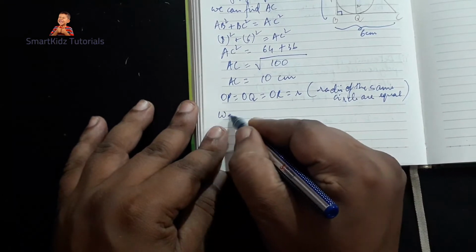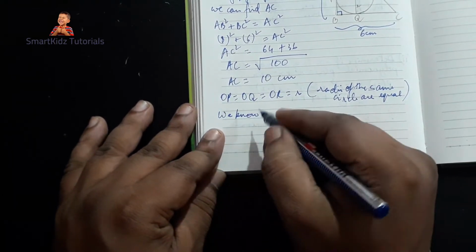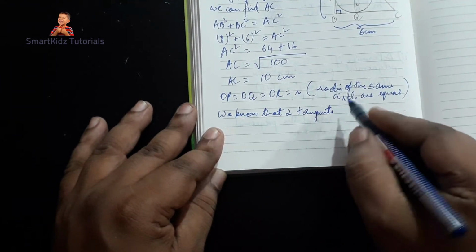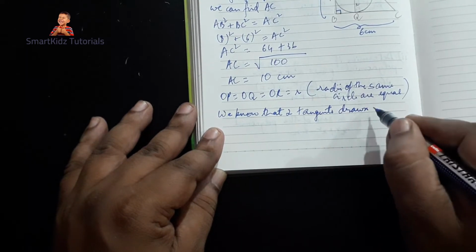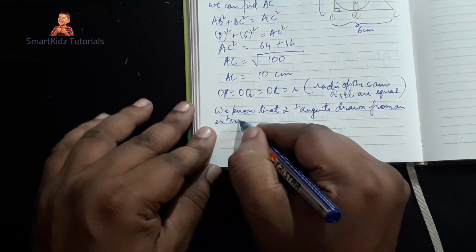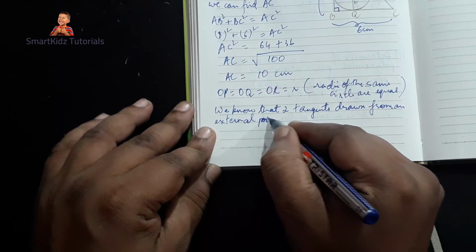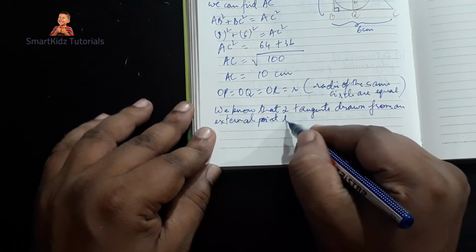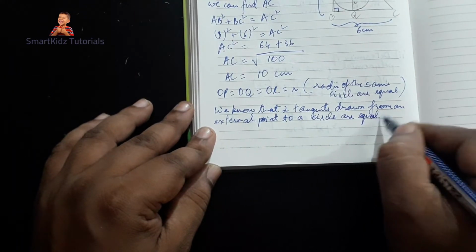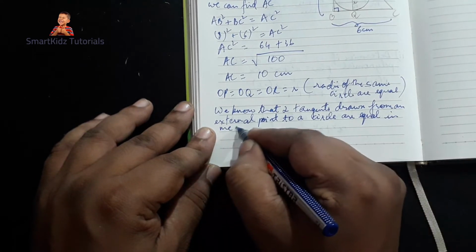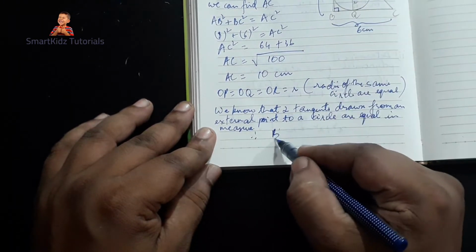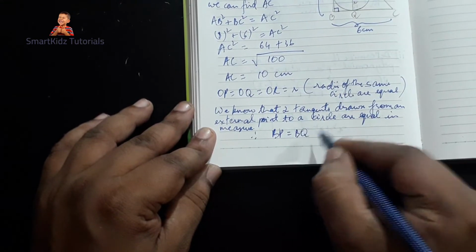We know that two tangents drawn from an external point to a circle are equal in measure. So therefore you can take BP equal to BQ. So these are tangents.